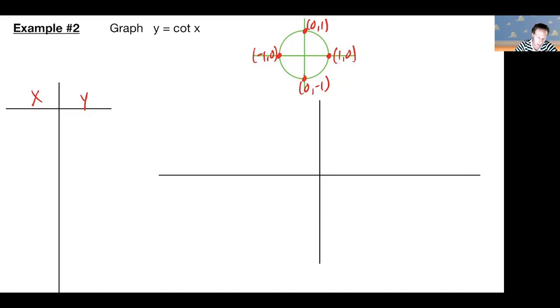And then remember, for any angle, cotangent is always equal to the reciprocal of tangent. So instead of y over x, we're dealing with x over y. So right from the start, we know that we're going to have to be very careful to not get a 0 for y in the denominator.